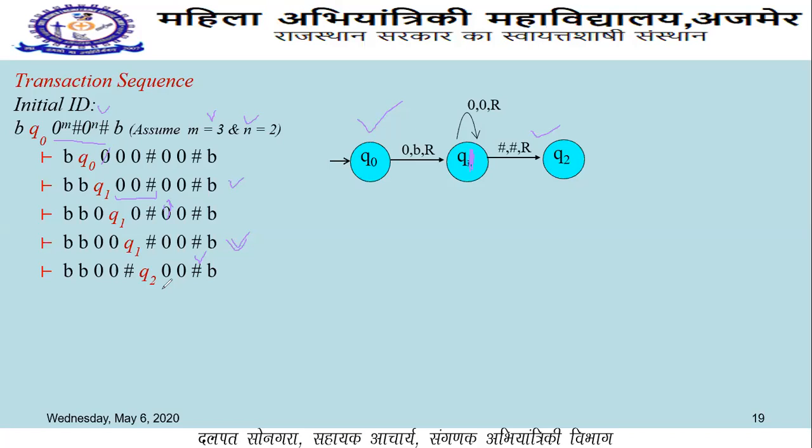Okay, and when we read 0 at state q2, it means this 0 is from the multiplier. Okay, and earlier it was from the multiplicand when we read the 0 at state q0. Okay, so this 0 at state q2 tells us that this is from the multiplier, and for this multiplier we need to copy it after the hash symbol.